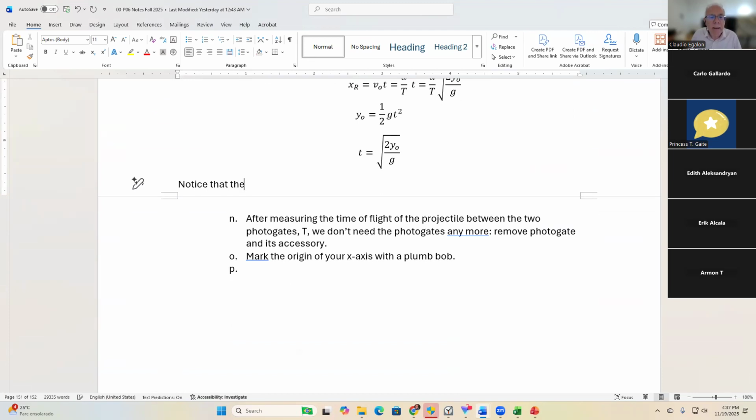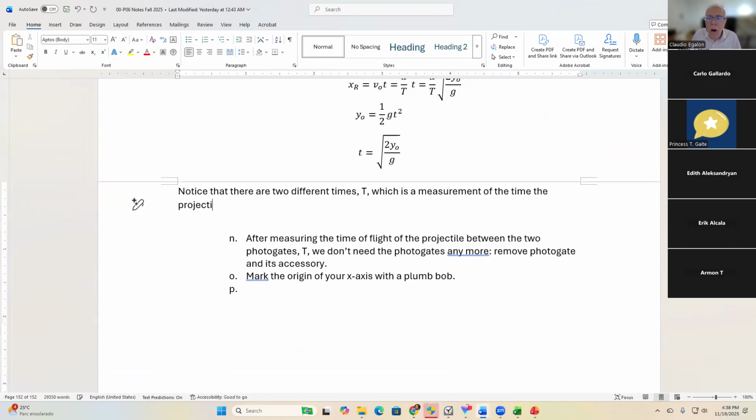Note that there are two different times. Capital T is a measurement of the time the projectile takes to fly between the two photogates.